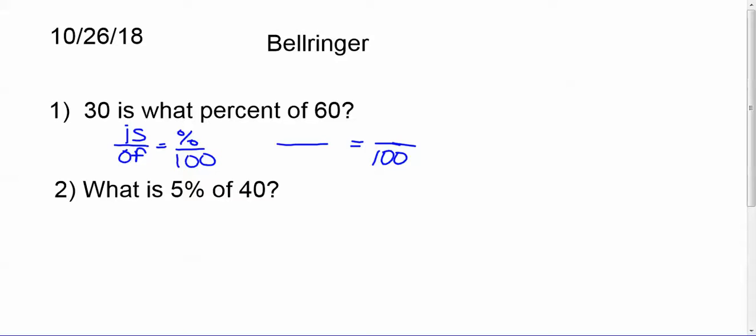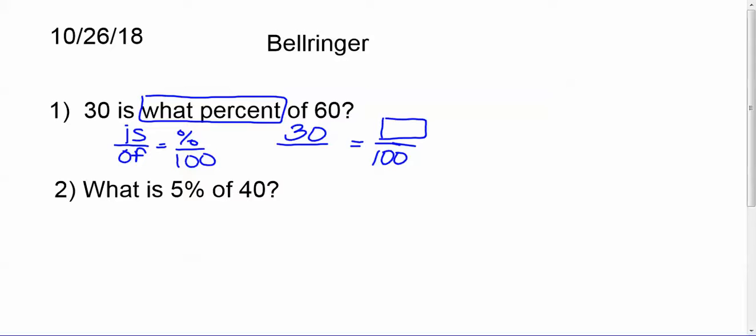Where are we going to put the 30? On top. Why did you choose on top? Because it says is. Right, very good. So 30 is, that goes on top. Now it says what percent. Do we know the percent? No. We're going to put the blank box there.